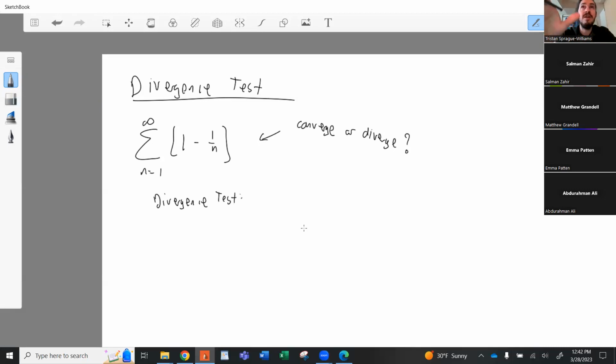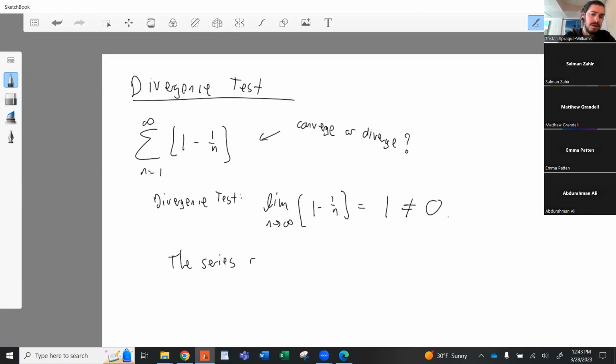It just says, take the limit of the sequence. You don't need to make the partial sums. Look at the sequence and its limit as n goes to infinity. This sequence, 1 minus 1/n, 1/n is going to approach 0, of course, so this is equal to 1. And if that is anything other than 0, which it is in this case, the series diverges.